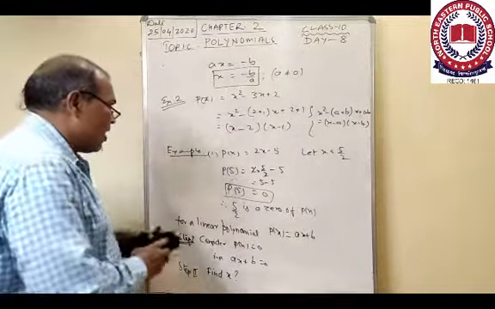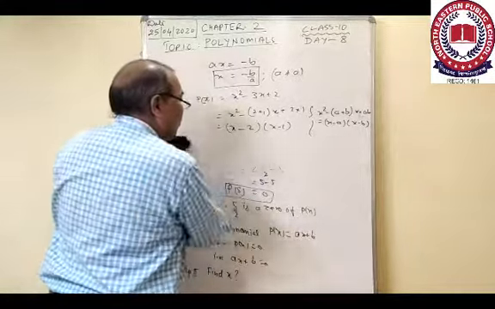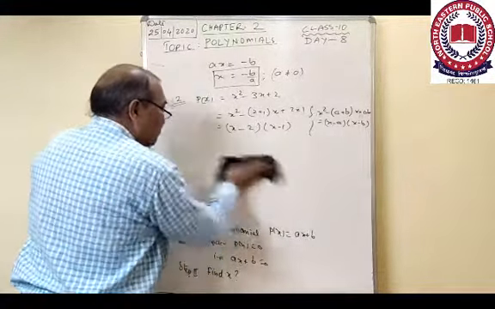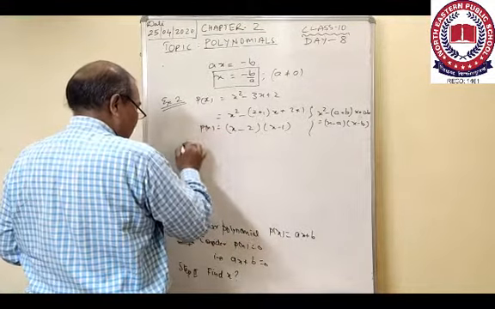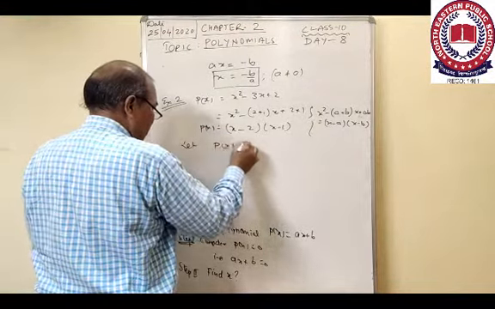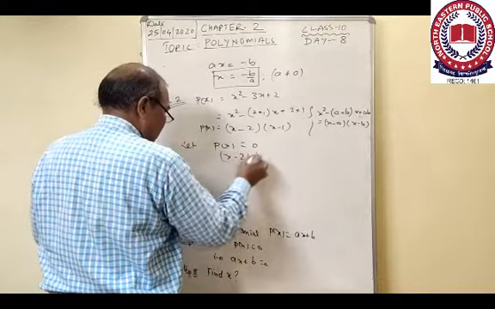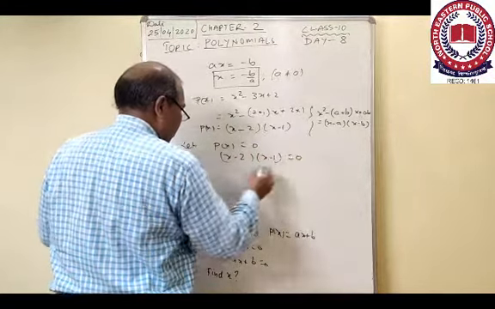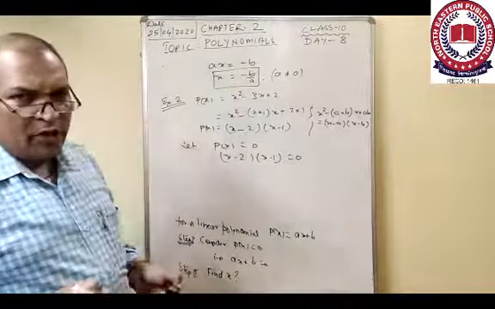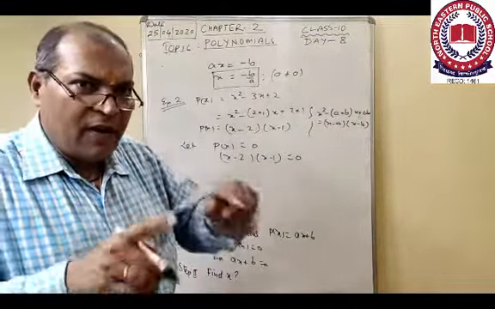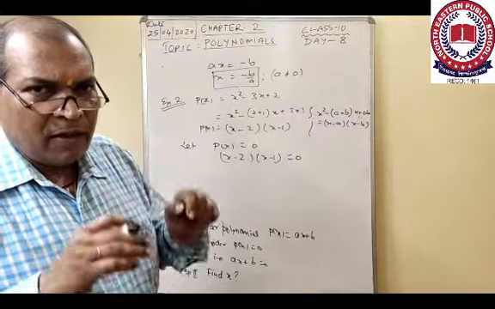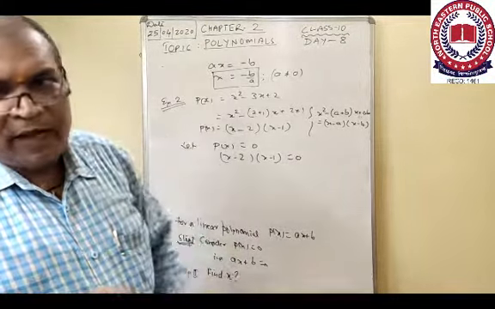So let us consider how to find the values of x now. Let us consider p of x is equal to 0. So x minus 2 into x minus 1 equal to 0. The product of two factors will be 0 only if any one of the brackets is 0, or both brackets are 0.